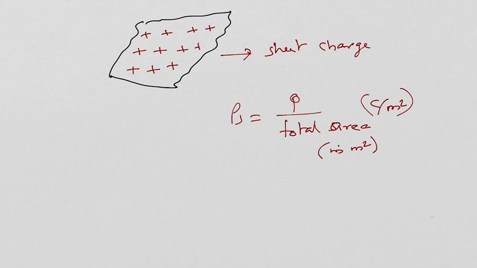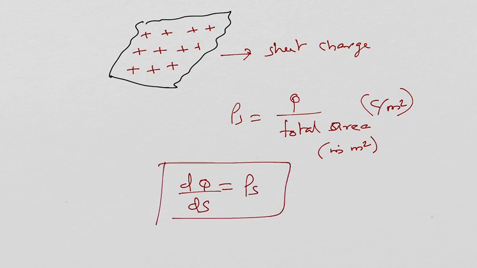In case of surface charge distribution, it is usually necessary to find the total charge by considering the elementary surface first and then expanding the dq concept, because dq is the charge present over ds. The ratio of dq by ds provides rho S, so dq is rho S ds.